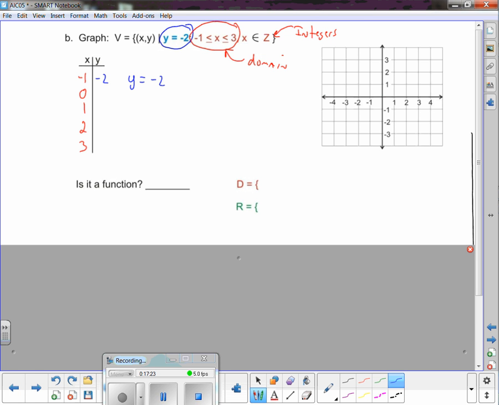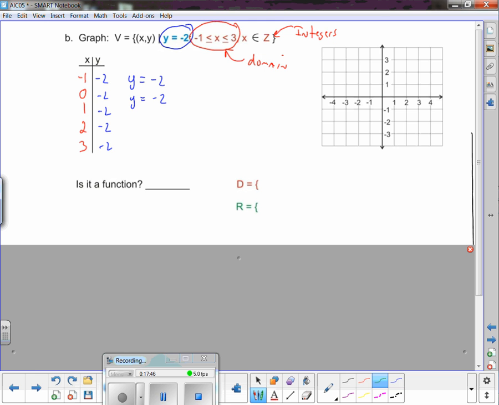Let me do the next one. This is going to get boring. When x is 0, y equals -2. And guess what? When x equals 1, y equals? And when x equals 2, y equals? Girl, -2 is really getting around here. And when x equals 3, y equals -2.